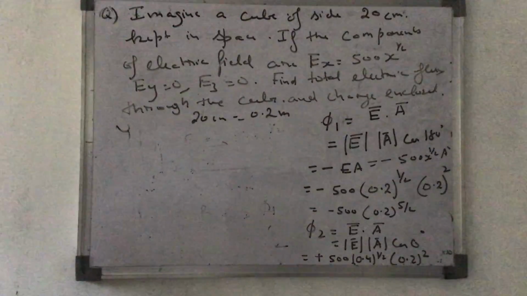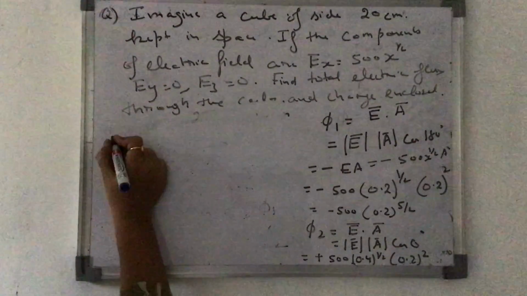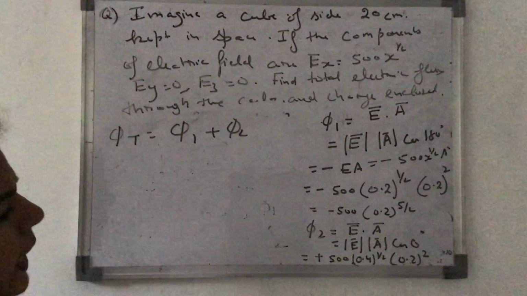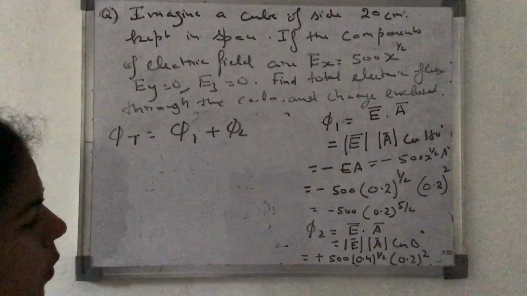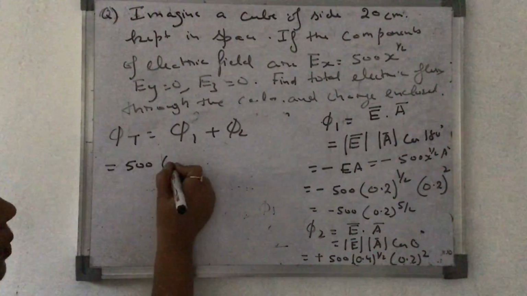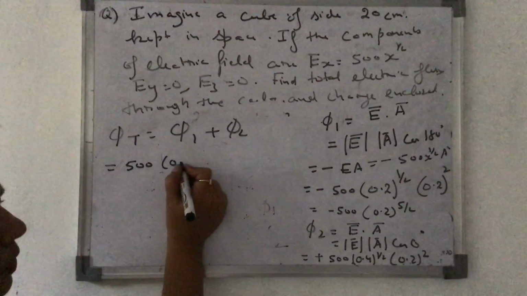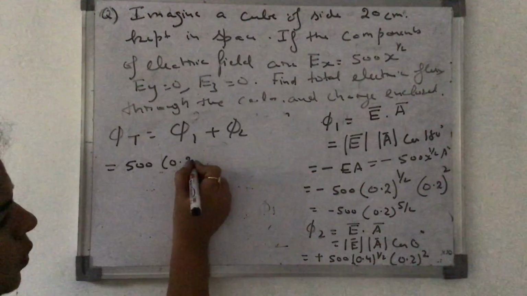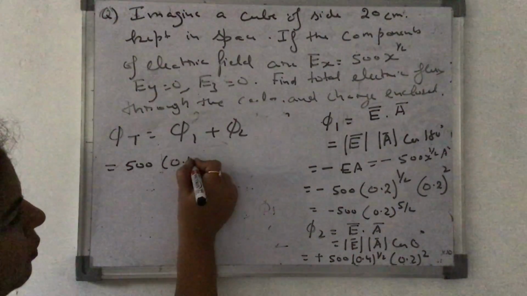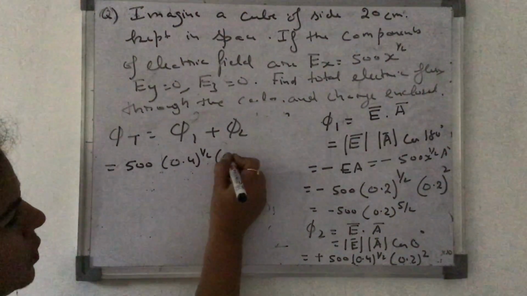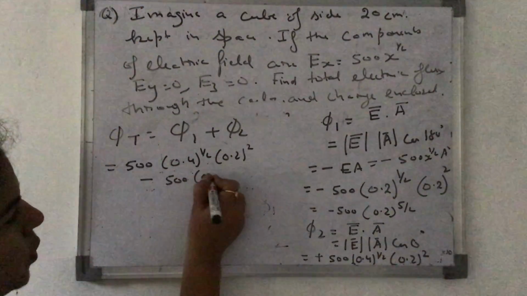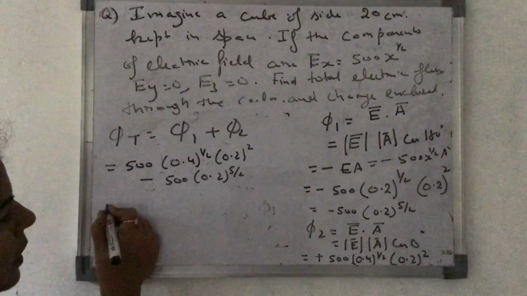Now, what is the total electric flux? Total electric flux is to be added. Phi total is equal to phi1 plus phi2. I can see that phi2 is more and it is a positive number. So I write 500 into 0.4 to the power minus half into 0.2 whole square, minus 500 into 0.2 to the power minus half into 0.2 whole square.